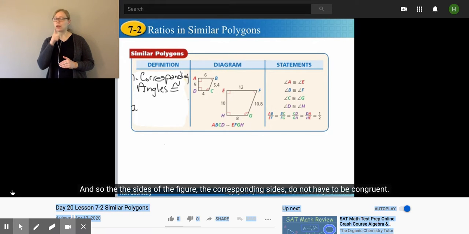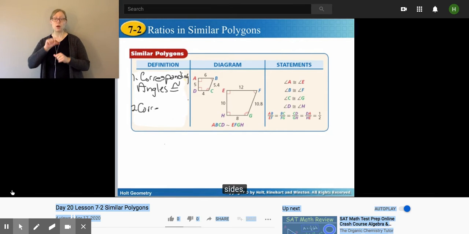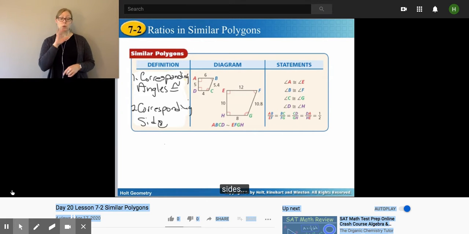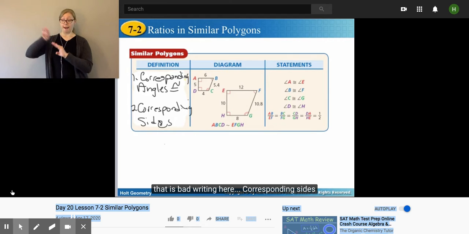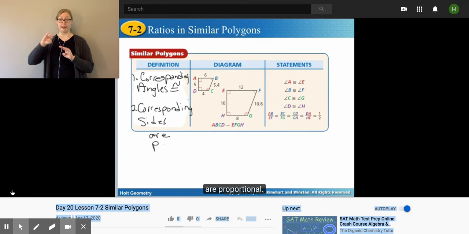And so the sides of the figure, the corresponding sides, do not have to be congruent. They just have to be proportional. They have to be in the same ratio to each other. And so we'll say corresponding sides are proportional.